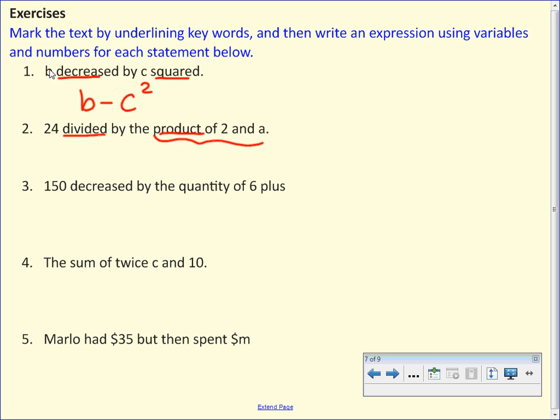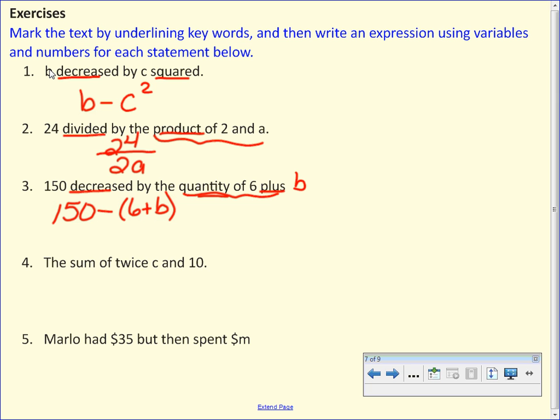By the product of 2 and A. So 24 divided by the product of 2 and A. Then the quantity of 6 plus B. So 150 decreased by 6 plus B. We have to have the parentheses there, otherwise we're subtracting only the 6.